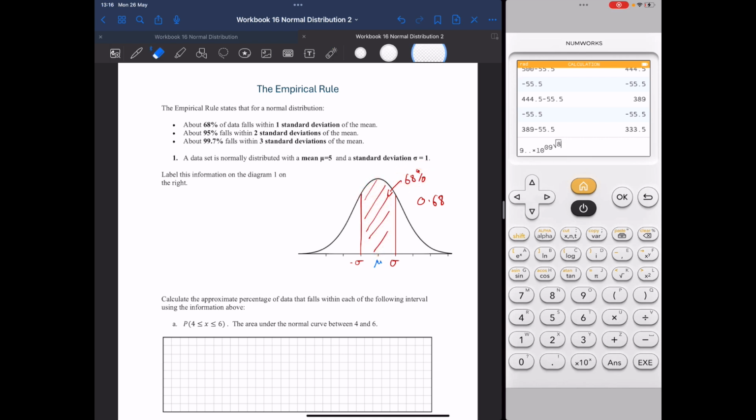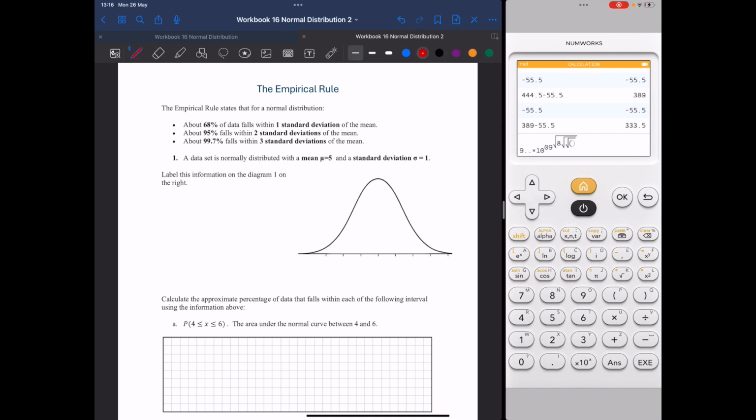Now, if we look at the next one, which is 2 standard deviations, so there's mu minus 2 standard deviations from the mean, that's from here to here. That area is going to be 95%. 2 standard deviations, 95%.